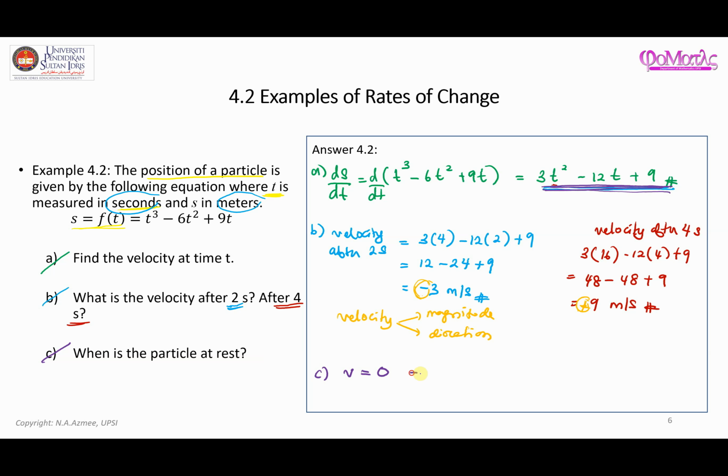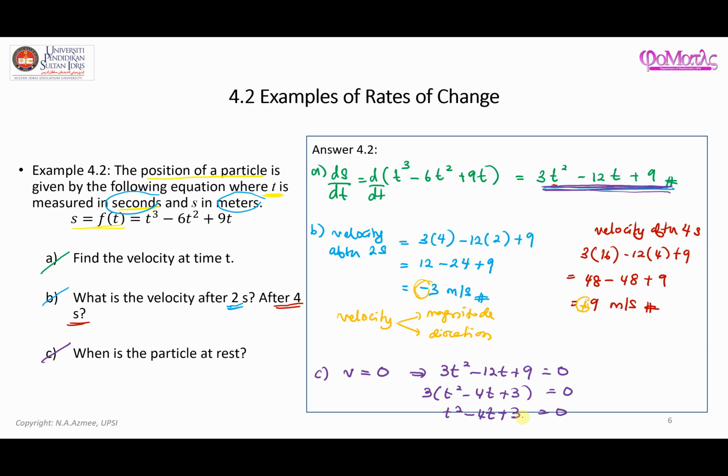We have 3t squared minus 12t plus 9 equals 0, and here we can factor out 3, so we have t squared minus 4t plus 3 equals 0.